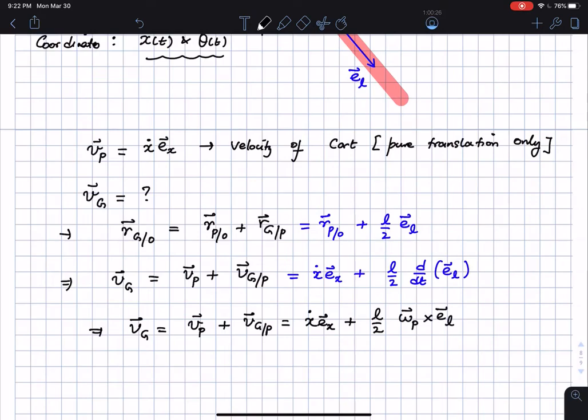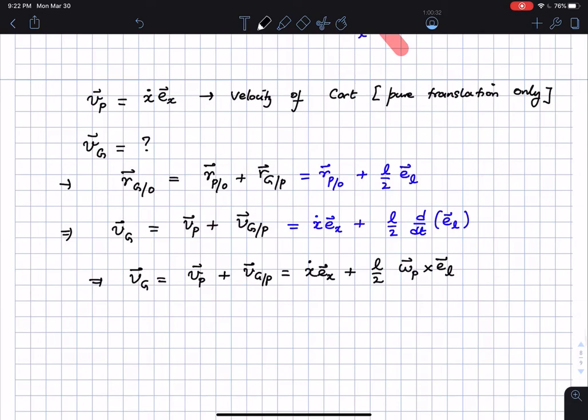I'll skip the details; this is just going to give me L by 2 theta dot in the E theta direction. So Vg is x dot Ex plus L by 2 theta dot E theta.